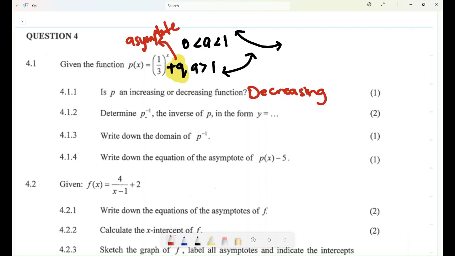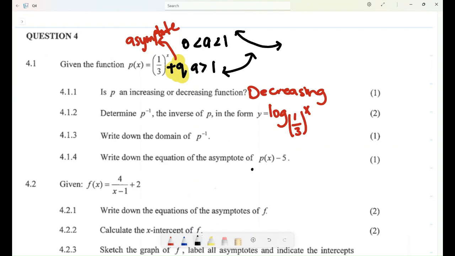Determine the inverse of p in the form of y, right? So how do we find the inverse? Remember, I said you just say y is equal to log of whatever you have here, which is 1 over 3 to the power of x. You can also say, alright, let's interchange x and y.